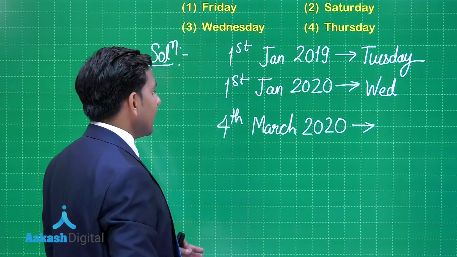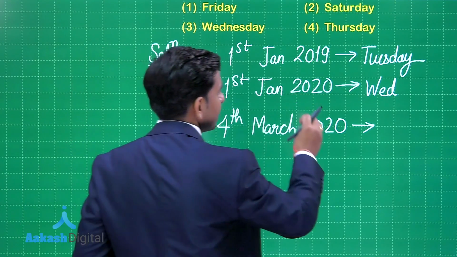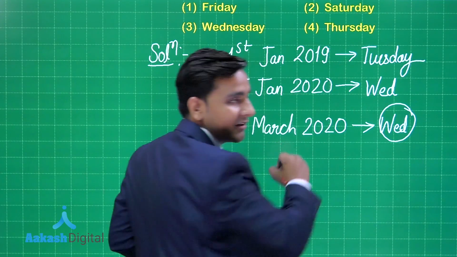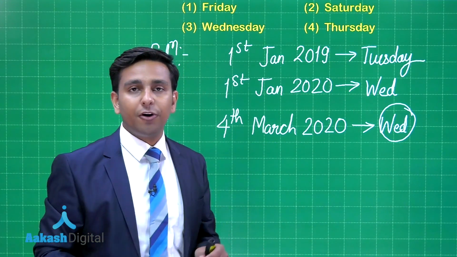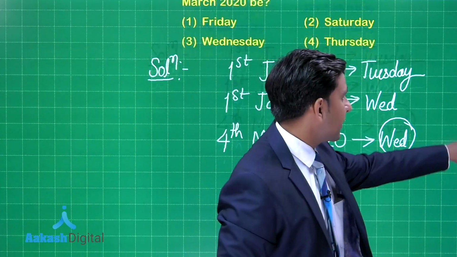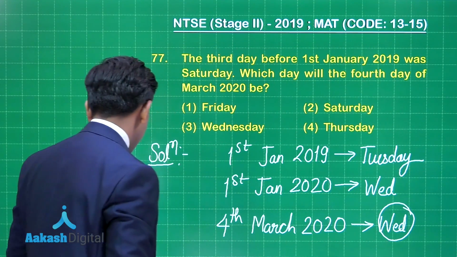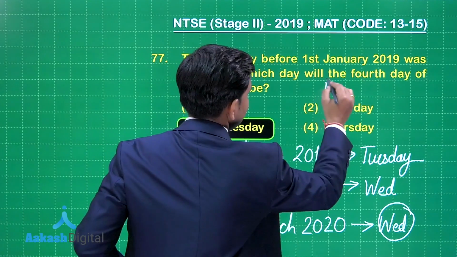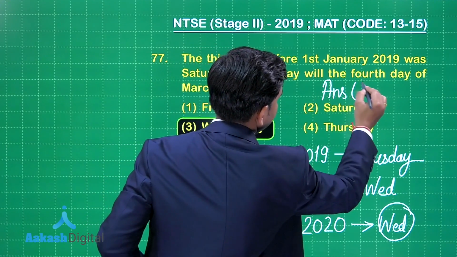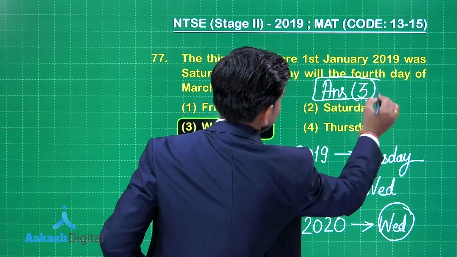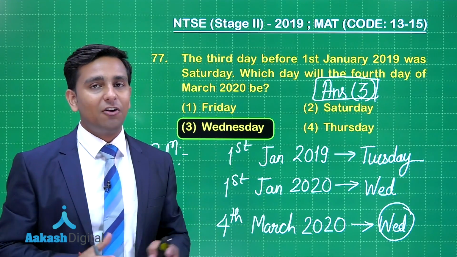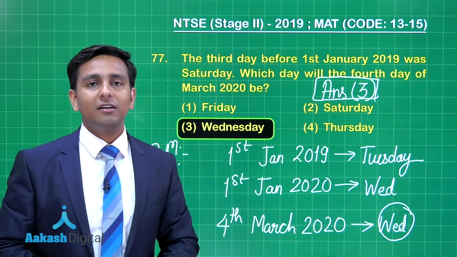So clearly we can conclude on 4th March 2020, the day will be Wednesday. And this is the correct answer for this question. And out of the given options, we can simply mark the third option as correct. So the answer is option number 3. So I hope you understood this question based on the concept of calendar and odd days. Move on to the next question.